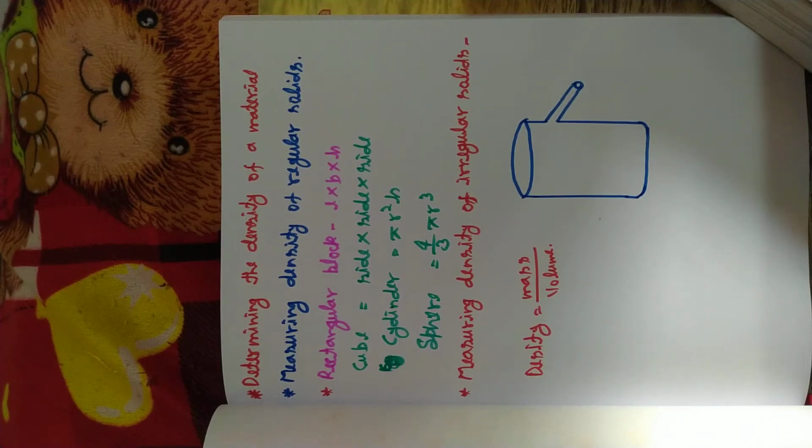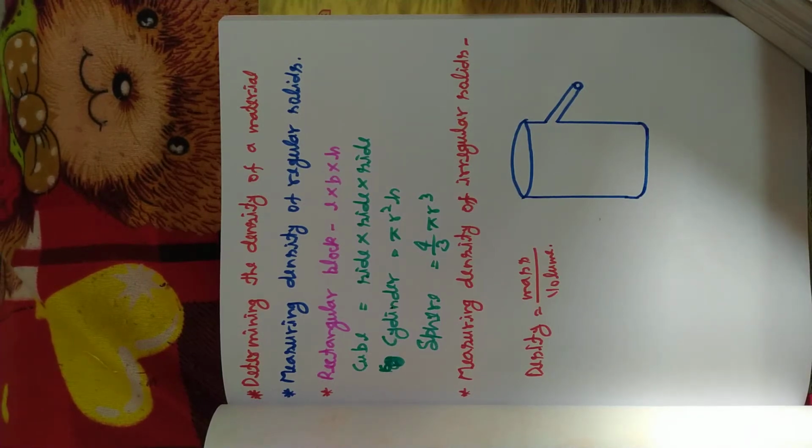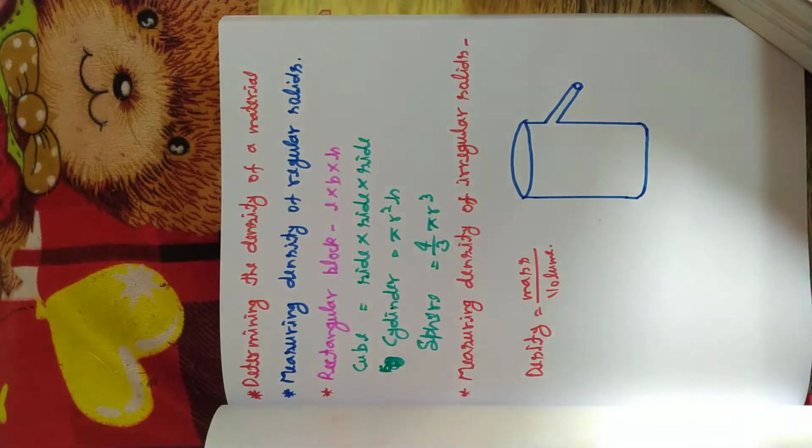Now today in this video we will discuss the various methods of determining the density of a material. To find the density of a material, we can take the volume as 1 meter cube or 1 centimeter cube for the sake of convenience. Then we need to find how much mass is present in that unit volume, because we will use the formula density is equal to mass upon volume.